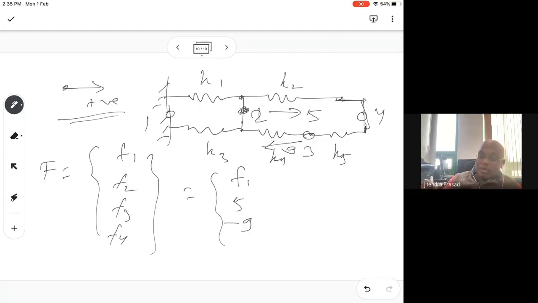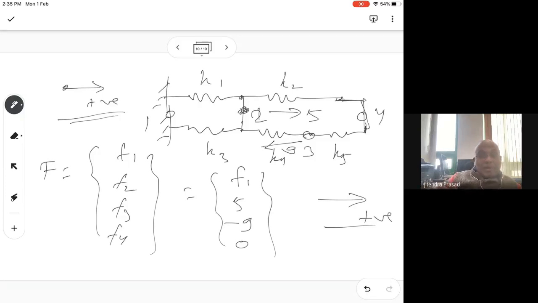And F4, if nothing is given, F equal to 0, you can write 0 here. That's it. Meaning the right side is positive. Then you have applied the force.